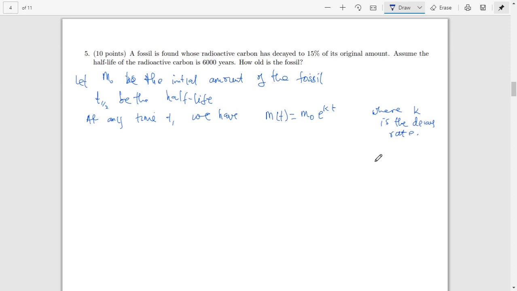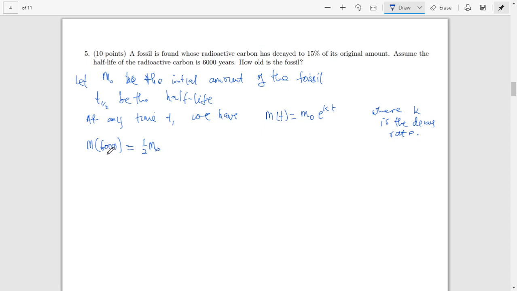Okay, so now we need to find k. Actually, the value of m naught is not too important. We are given that the half-life of the substance is 6,000 years. That tells me that m of 6,000, which is the same thing as m of t1/2, is equal to 1/2 of the initial amount, which is m naught.